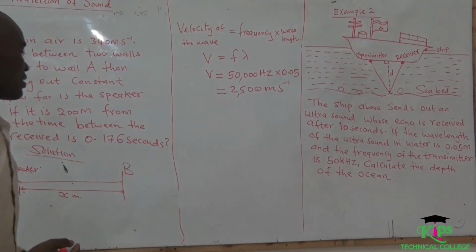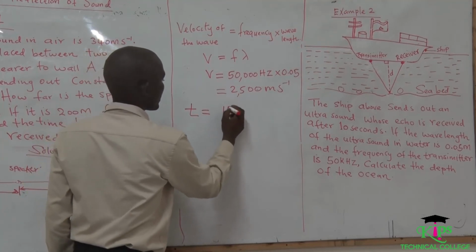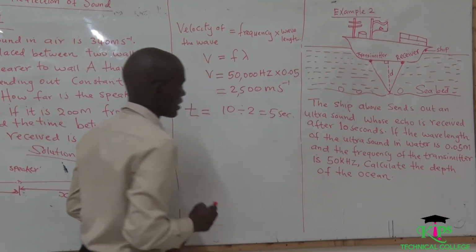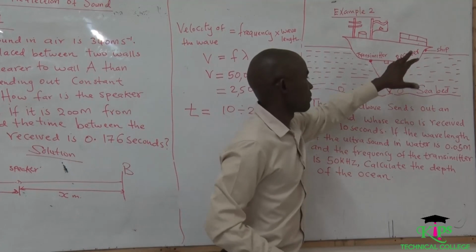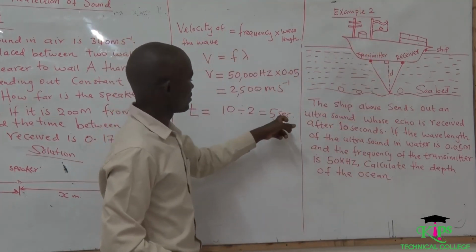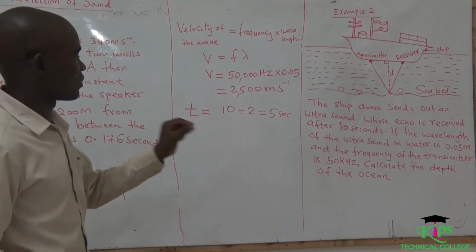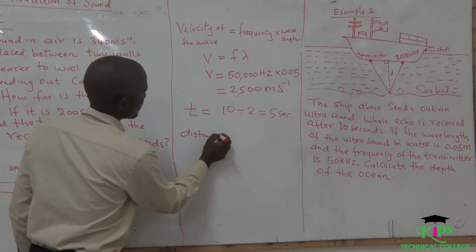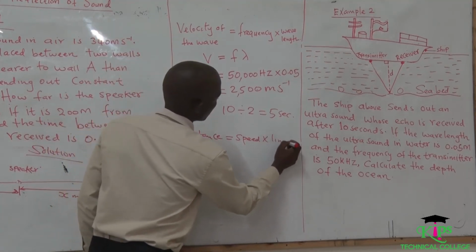Now the next thing is, we have been told time. Time will be equal to 10 divided by 2, which gives us 5 seconds. Remember, we have been told it is taking 10 seconds for it to be received back, meaning it will have traveled twice the distance. So t is equal to 5 seconds. Remember, we are supposed to get the depth, which is the distance. Distance is equal to speed times time.